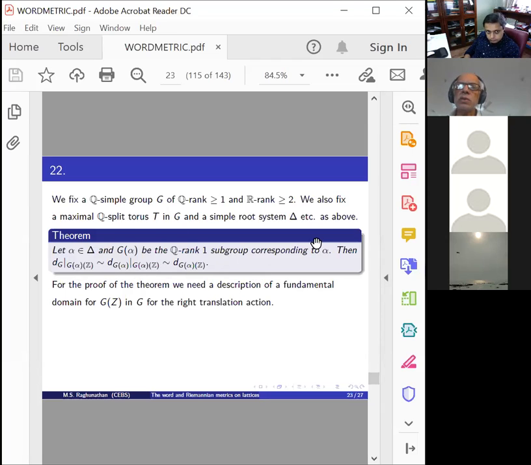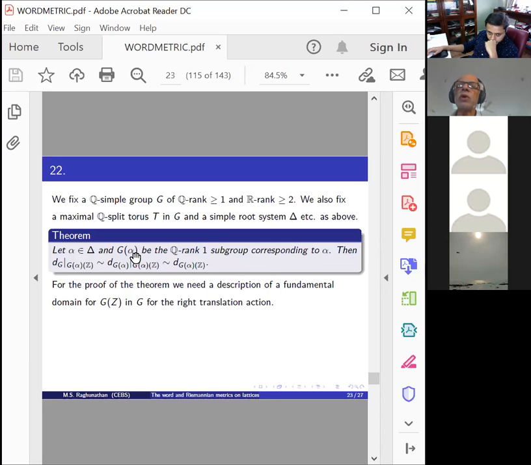If this is true, then the main theorem in this special case reads like this. Okay, let me state the theorem I want to prove. Let alpha be in delta and G alpha be the Q rank 1 subgroup corresponding to alpha. Remember, I defined this subgroup G alpha as a semisimple part; it corresponds to P subscript singleton alpha.